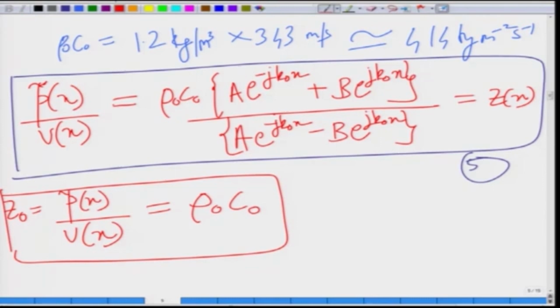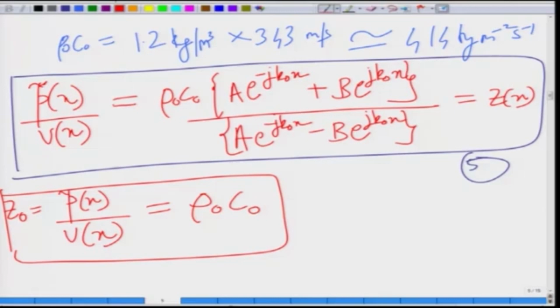So, it is independent of the geometry or the physical dimensions of the duct. It is called characteristic because it is inherent to that medium, inherent to air, which is the medium in which the acoustic waves are propagating. We need to know this physical constant. So, that is why it is called the characteristic impedance rho naught C naught of the medium.